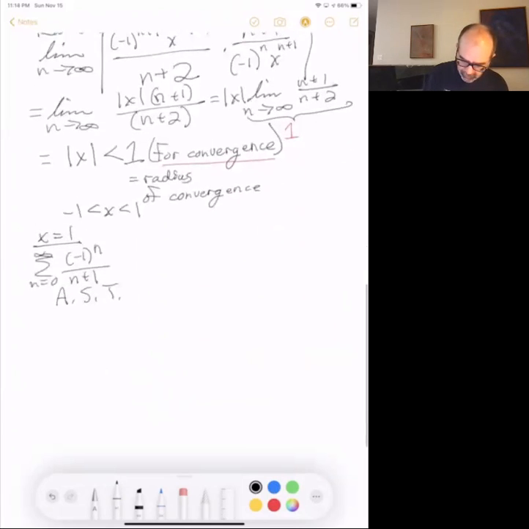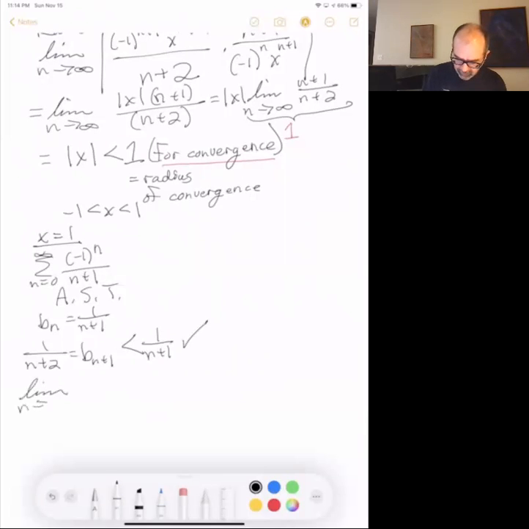So b sub n is equal to 1 over n plus 1, and b sub n plus 1 is 1 over n plus 2, which is less than 1 over n plus 1. So that's the first part. And I think pretty clearly the limit as n goes to infinity of 1 over n plus 1 is equal to 0. So it converges by the alternating series test.